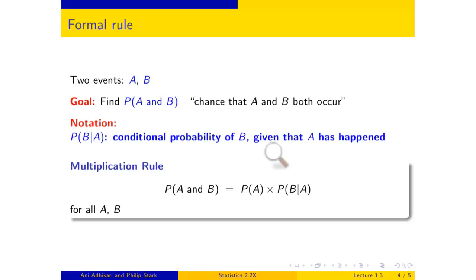But if you write the formula backwards, the ingredients are a little more complex, though they come out the same way. Hold that thought for a few lecture segments. We'll come back to it later. For now, if you want to find the chance that two events both occur, take the chance of the first one, multiply by the conditional chance of the second one, given that the first has happened.